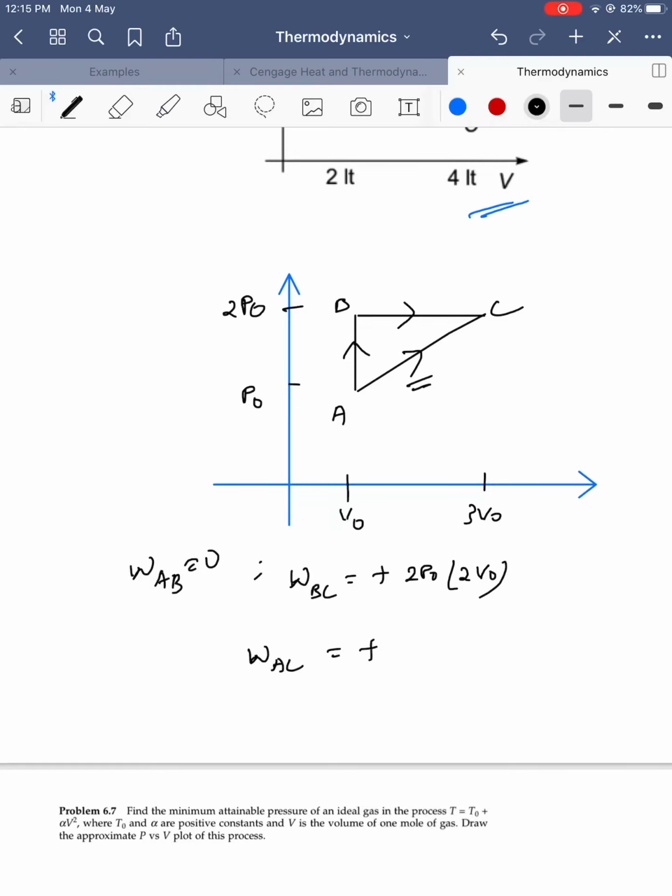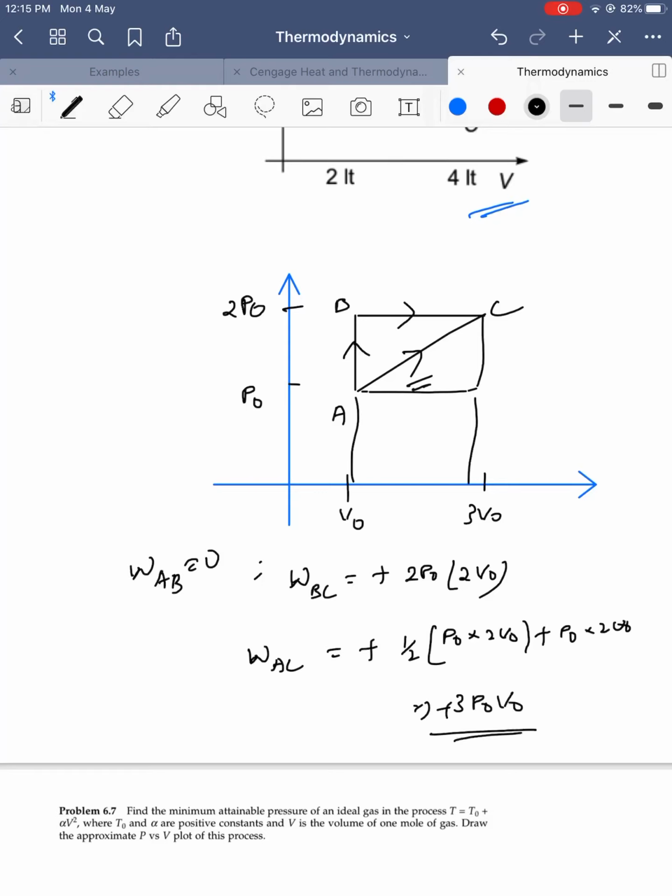Is it positive or negative? Positive. Some part is like a triangle, another part is like a rectangle: half into P naught into 2 V naught plus P naught into 2 V naught. It is equal to 3 P naught V naught. So this is positive work, and that is also positive work. Total work done is equal to 7 P naught V naught.